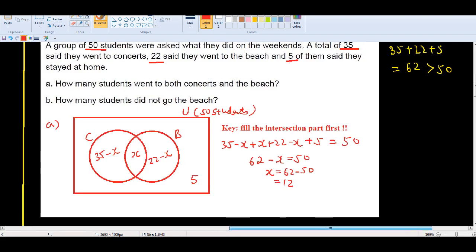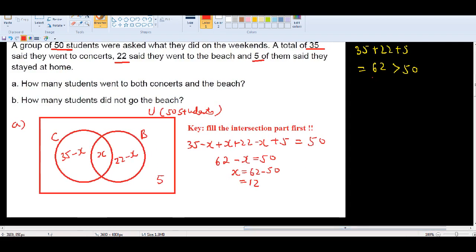So you see, there's an interesting aspect. If you just add all the numbers together, you get 62. If you use that 62 to take away 50, you get 12 as well. So actually there's a quick way to get the number. Why? Because when you add all the numbers, you add the circle C, the circle B, and what is left outside the circle.